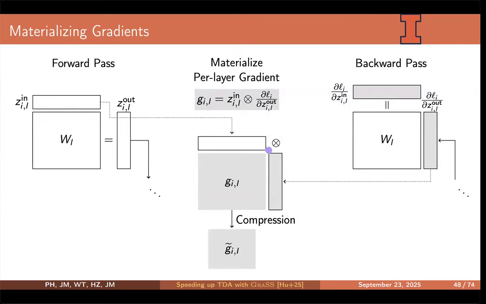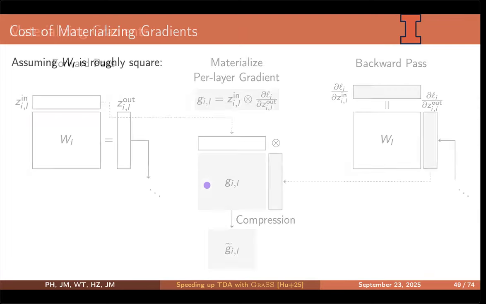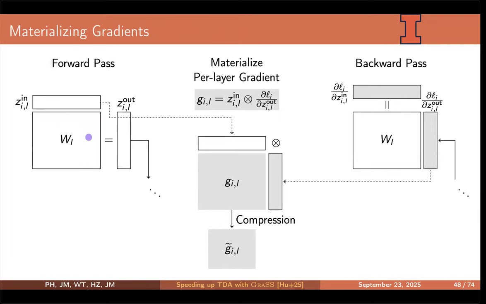In a picture, this looks something like this. There is a step of materializing the per-layer gradient for linear layers, and after that we can do our compression. This is the step that we neglected, and now we're interested in how much overhead it adds. Assume WL is roughly square, so WL receives roughly P over L parameters.